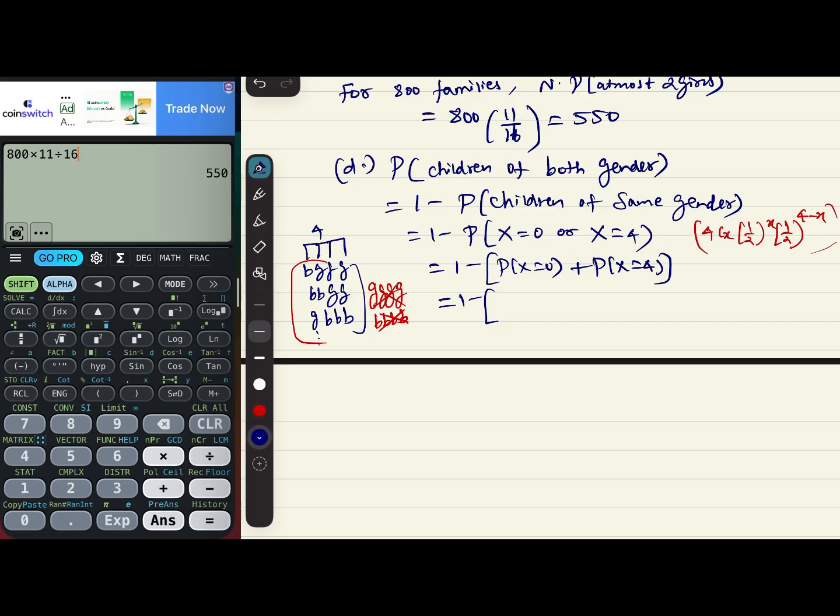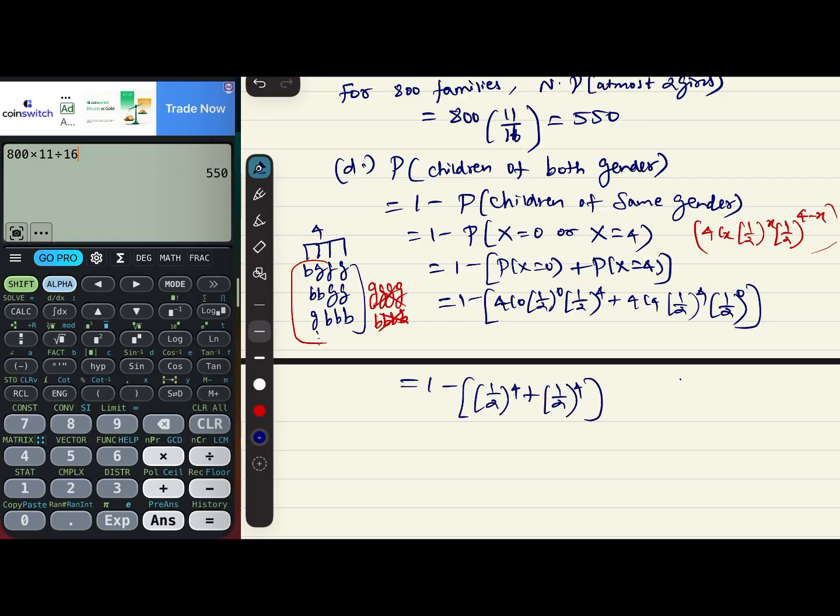So 4C0 (1/2)^0 (1/2)^(4 minus 0), that is 4. 4C4 (1/2)^4 (1/2)^(4 minus 4), that is 0. So this is (1/2)^4 plus this is also (1/2)^4. Why?